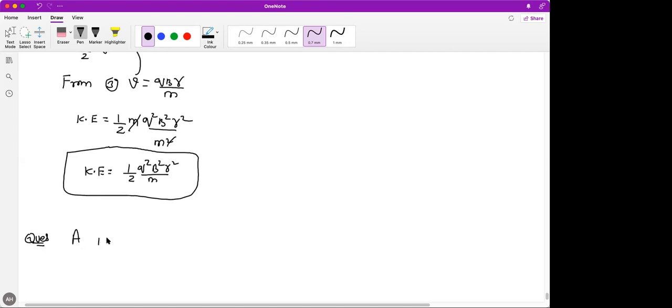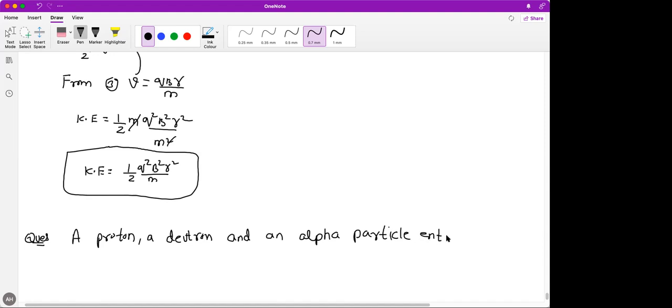The next question is a proton, a deuteron, and an alpha particle enters in a uniform magnetic field.